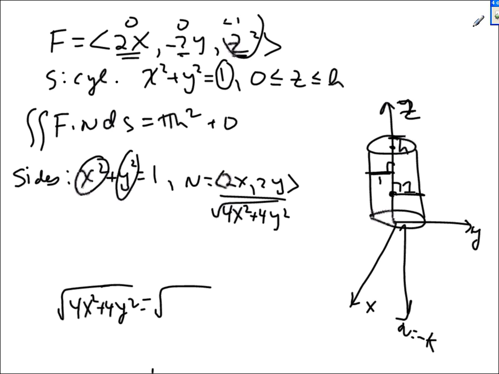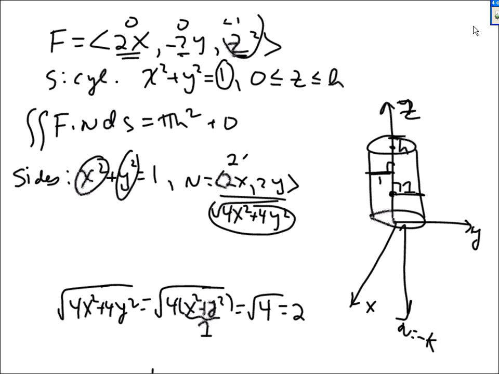You can factor out a 4. And in this problem, x squared plus y squared is 1. So you have the square root of 4 times 1, which is the square root of 4, which is 2. This bottom is just 2. The top, you can factor out a 2. And this 2 will kill off that 2, and you just get x, y.